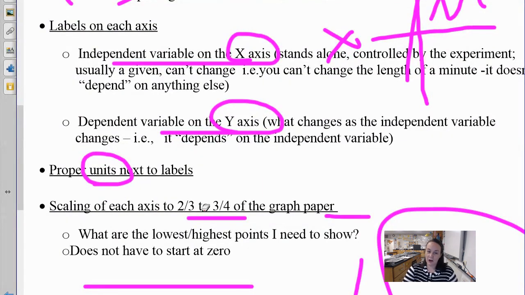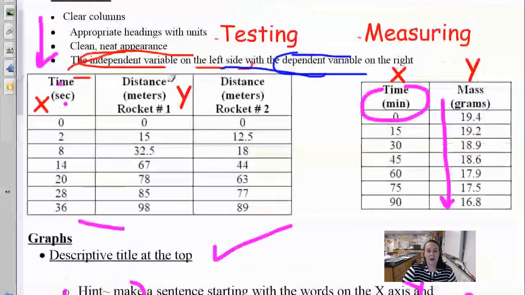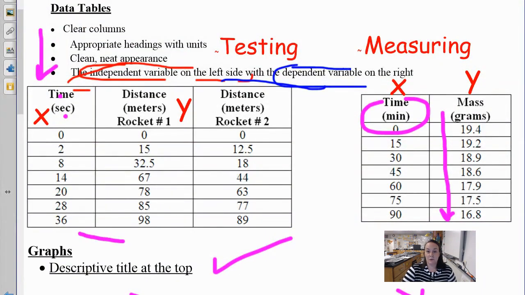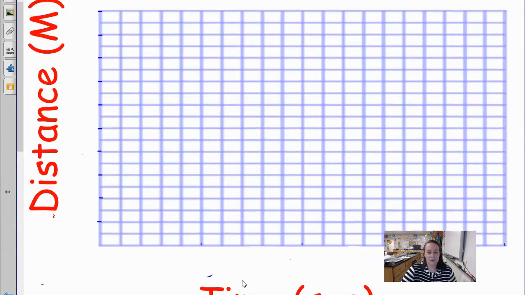The hardest part of drawing any graph is the scaling of each axis from about 2/3 to 3/4 of the graph paper. So what we want to do is look at the smallest and the largest number that we have. So we start on the time on the X, on the horizontal one. We start at 0 and we end up at 36. Let's see how many dots we have.